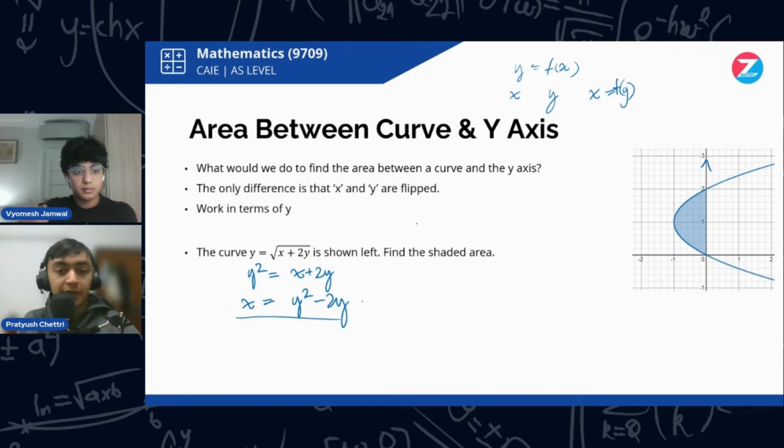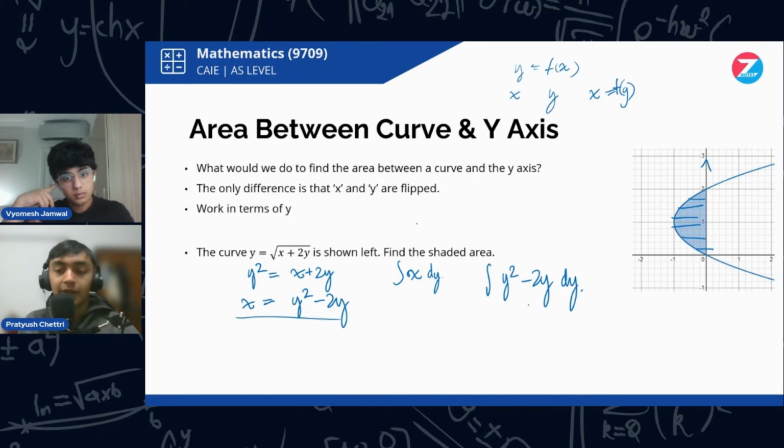What we're going to do now is integrate with respect to y, instead of before, when we were integrating with respect to x. It's actually x dy, but since x is y squared minus 2y, I'll write that, dy.